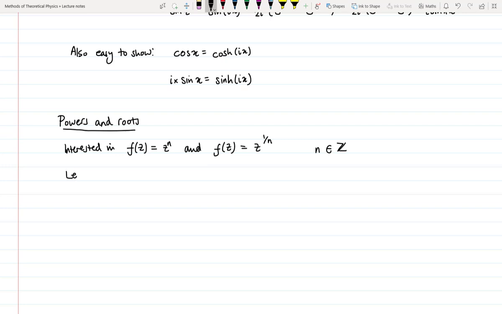Now let's write z in modulus argument form. Then it's easy to see that z to the n is r to the n e to the i n theta, and z to the 1 over n is r to the 1 over n e to the i theta over n.